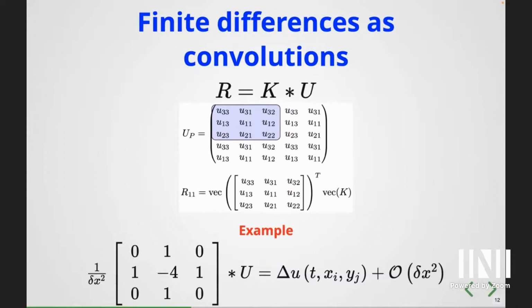This is exactly what is done also for PDE discretizations: depending on the boundary conditions, you choose how to pad these inputs. This is the example of a periodic padding, where you add one row and one column on each side. Then you slide your convolutional filter K around the matrix in all the possible positions and compute this dot product. This is just the first entry of the output. An example is this filter, which gives convolutional filters that represent finite difference stencils.